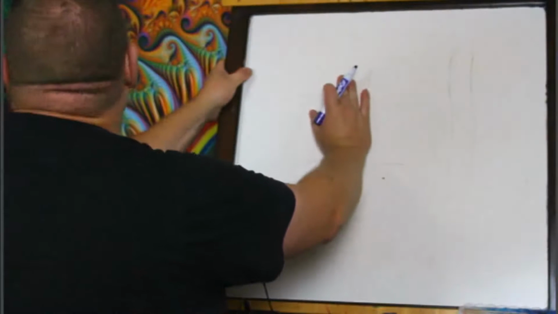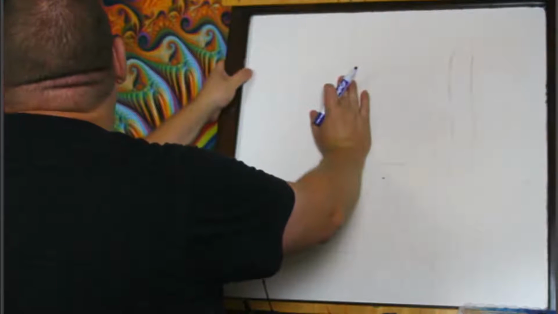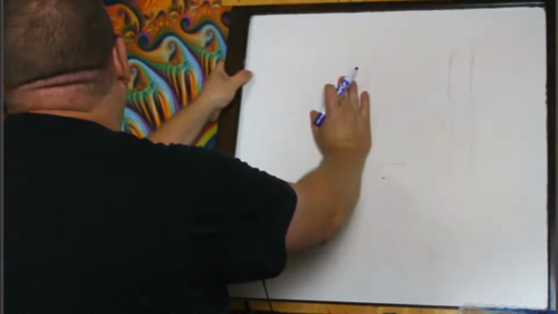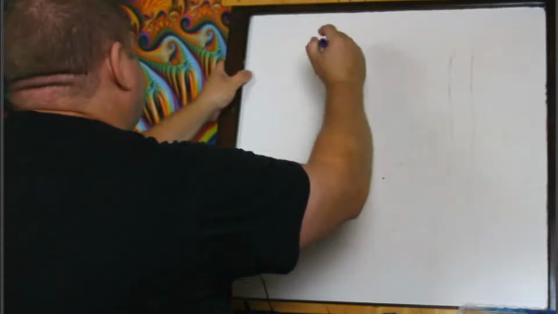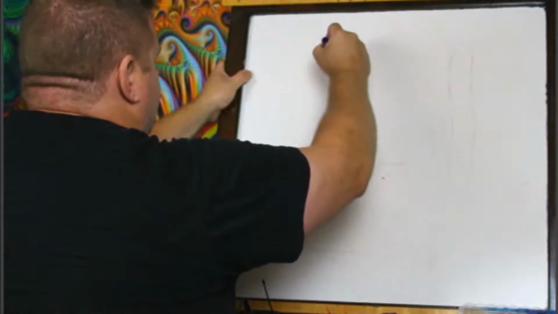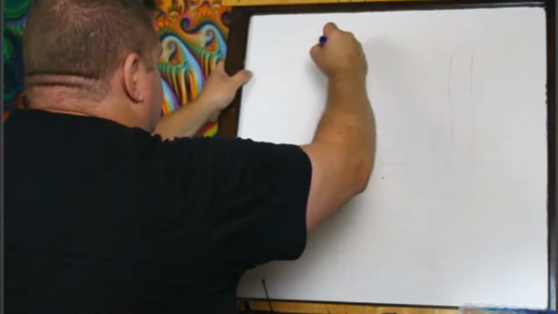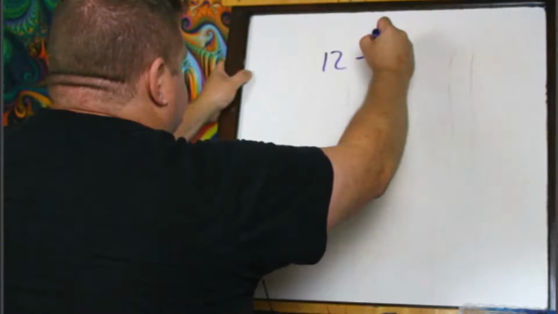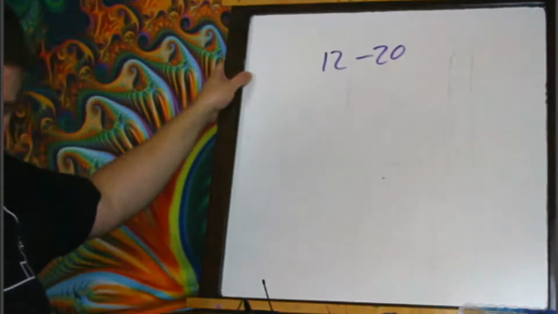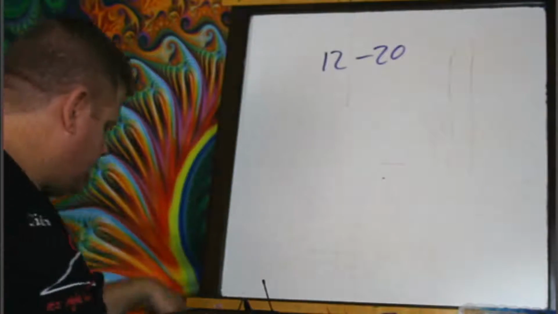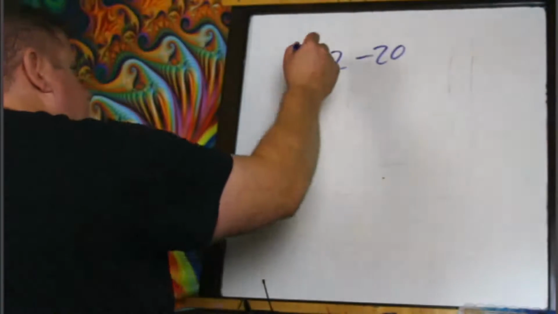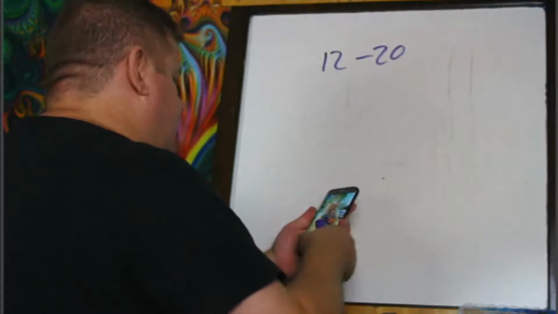So let's do something that's not as nice, and we can't do the direct correlation. How about 12 minus 20? The first part here, we just directly convert that.